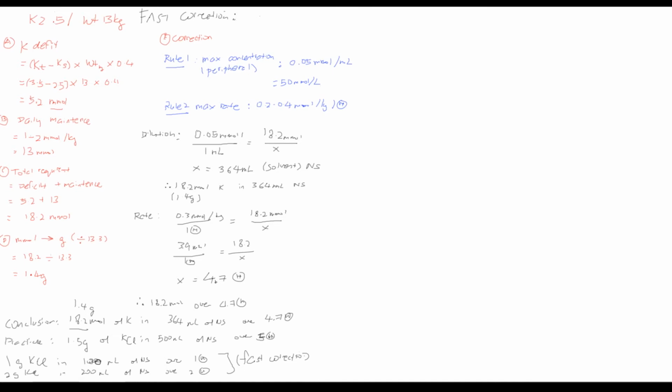When the patient has severe hypokalemia, which is arbitrarily defined as potassium less than 2.5 or less than 2, or the patient is symptomatic, or there are ECG changes of hypokalemia. So we use fast correction. Next we'll be talking about slow correction.